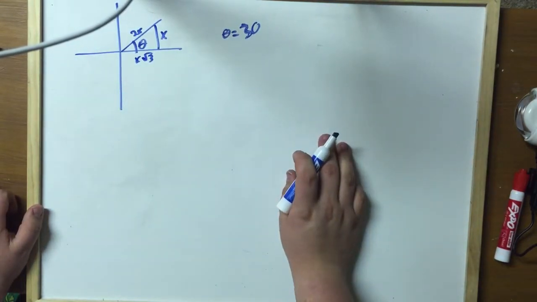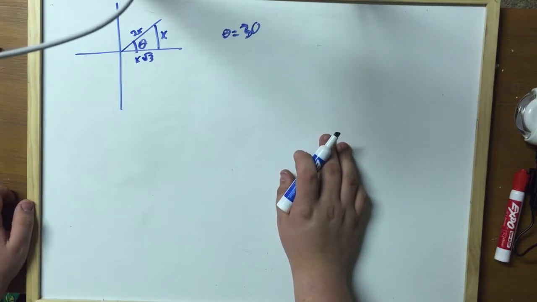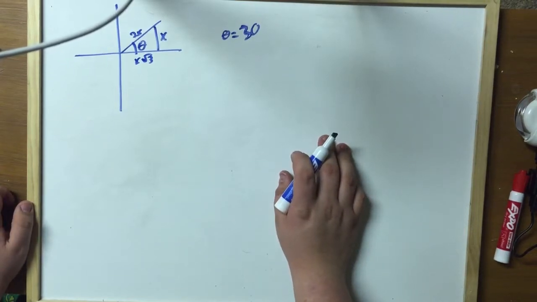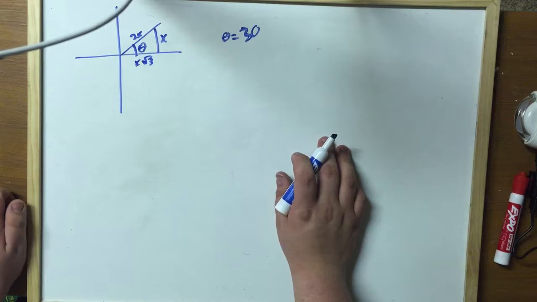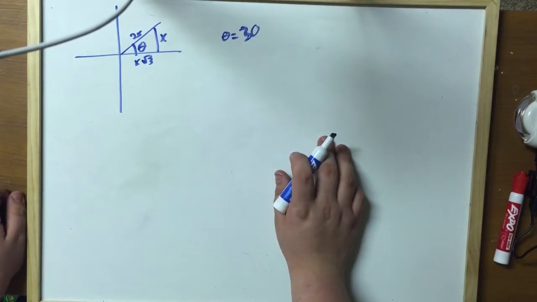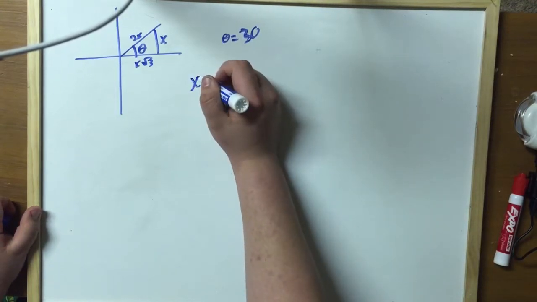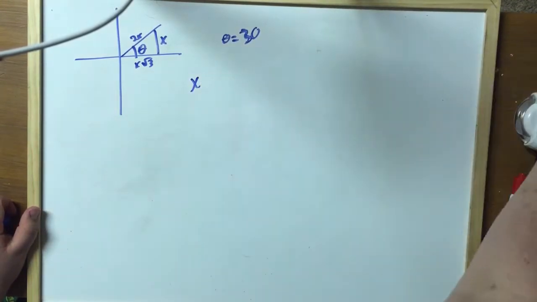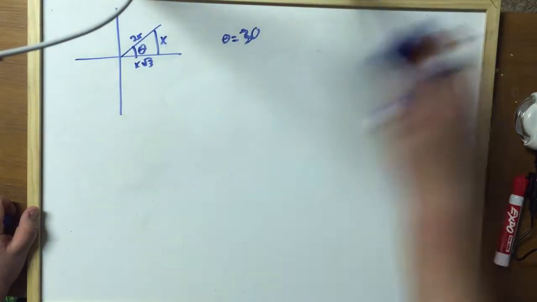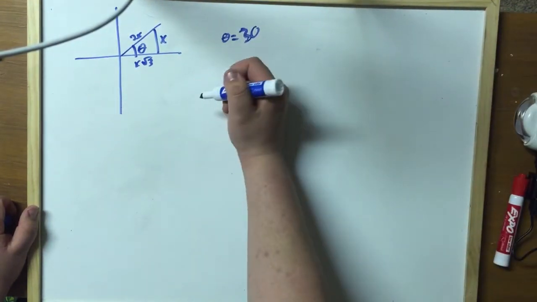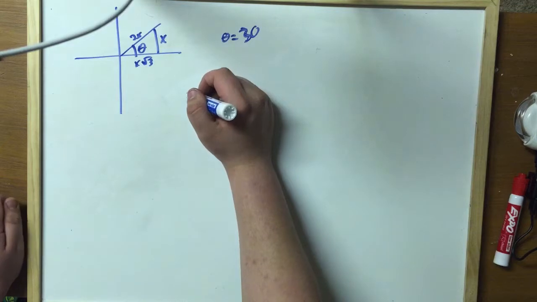Now, I'm going to give you a random value for any one of these sides, and give you about 30 seconds to figure it out. You can stop the video at that point. Actually, I'm going to give you a little bit more difficult of an answer.